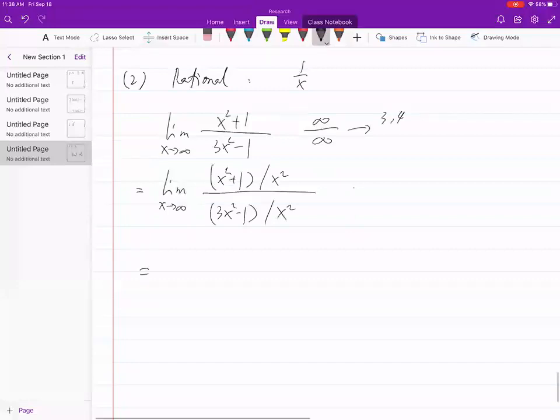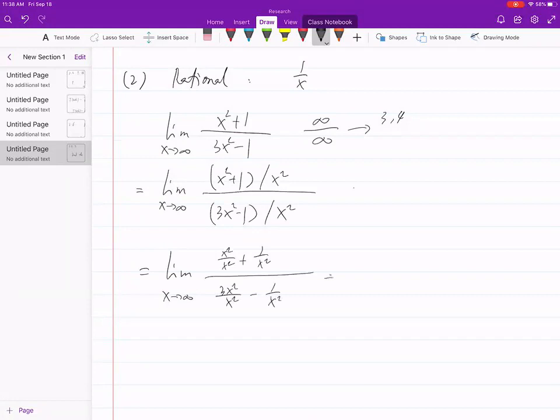But once you do that, something interesting happens. That's going to be x squared over x squared plus 1 over x squared. One. 3. Still okay? So originally this was trouble.